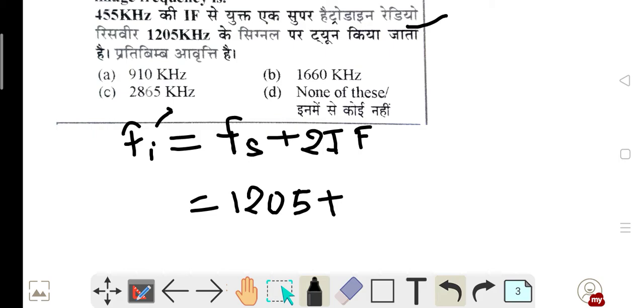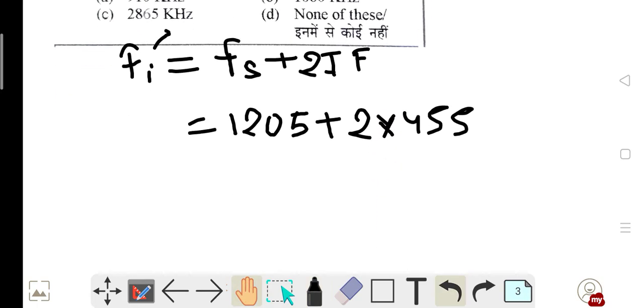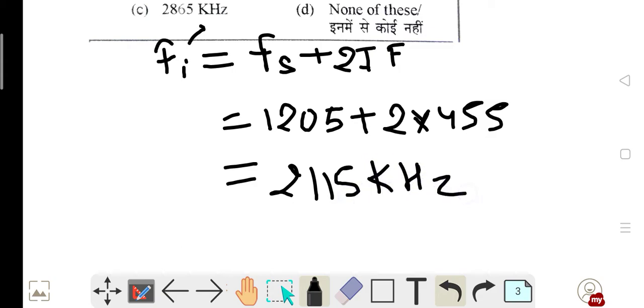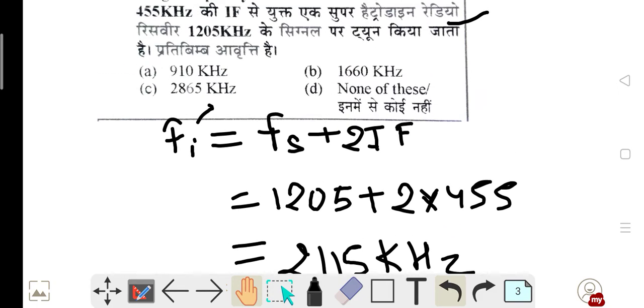And the IF is 455 kilohertz, so 2 into 455. So this will come to 2115 kilohertz. So we will match our answer, that is none of the above, option D. So you have to remember this formula.